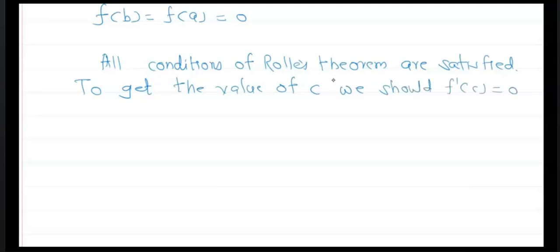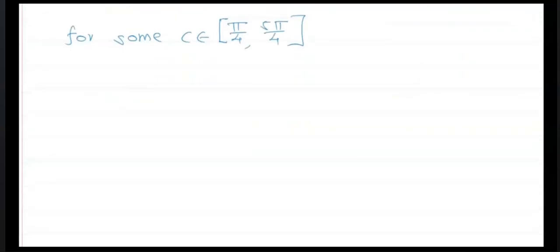To get the values of c, we should have f dash of c is equal to 0 for some c belongs to pi by 4 and 5 pi by 4.